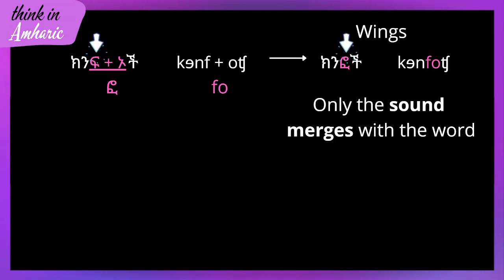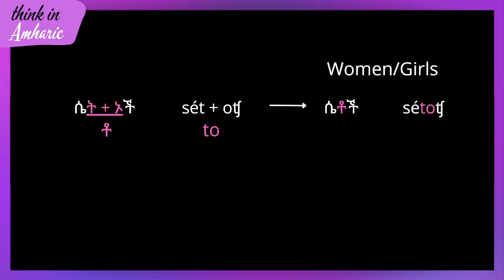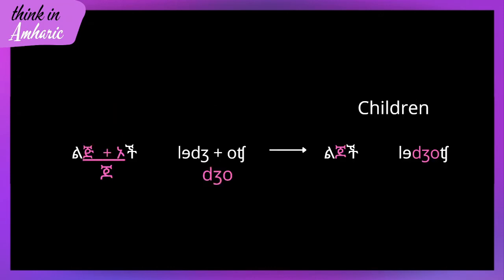ክንፍ, ክንፎች, wings. ሴት, ሴቶች, women or girls. T becomes to. ልጅ, ልጆች, children.